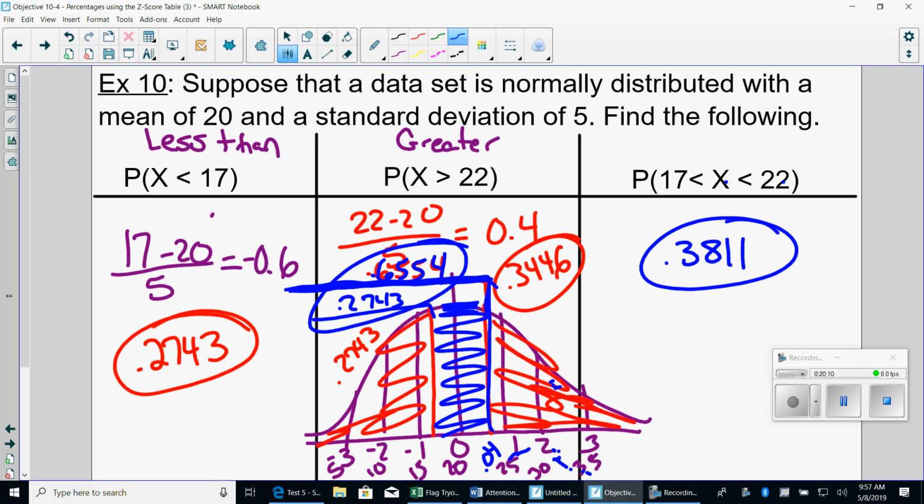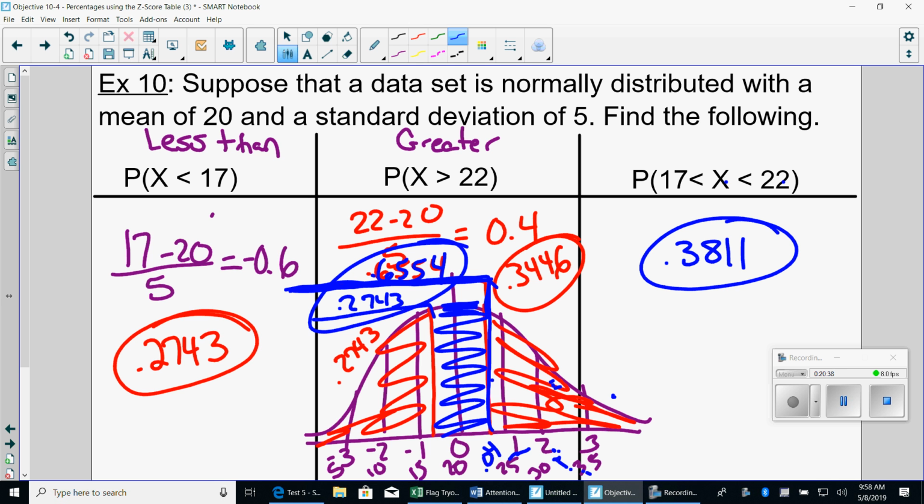Okay. Does anybody know another way to figure this out? Well, let me ask you this. Everybody listen. One other way you could actually figure this out, the whole thing's out of 1, correct? You knew this piece in red was 0.2743. You know this piece in red is 0.3446. And the whole thing's out of 1.